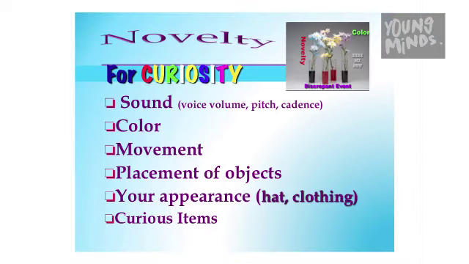The brain alerts to what's changed, what's different. Animals and humans, change of sound. That would mean for us a change of volume, pitch, cadence of our voices, changes in color. Movement alerts, gets in, placement of objects that are in new places, the appearance, someone who's expected to look one way, looking another way, and things that arouse curiosity in general.